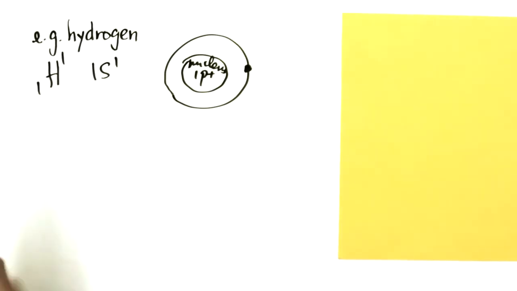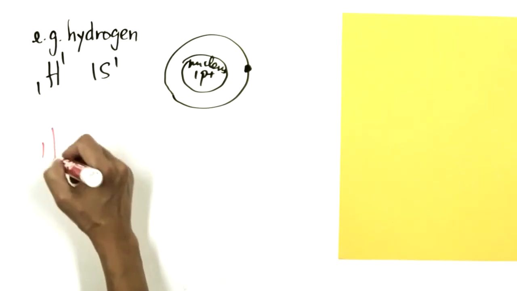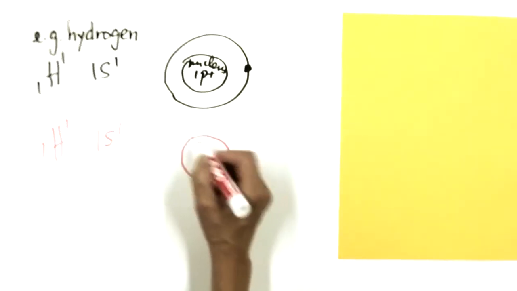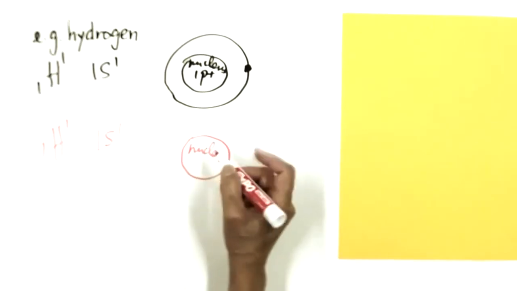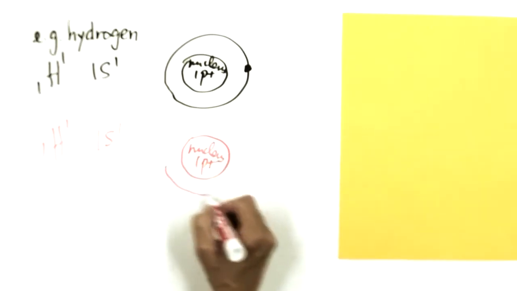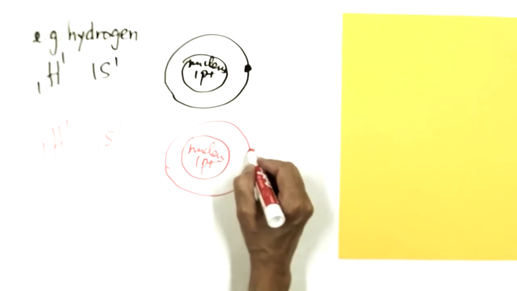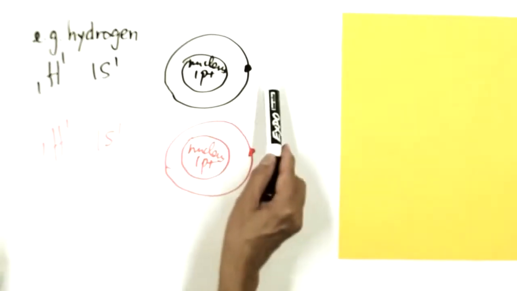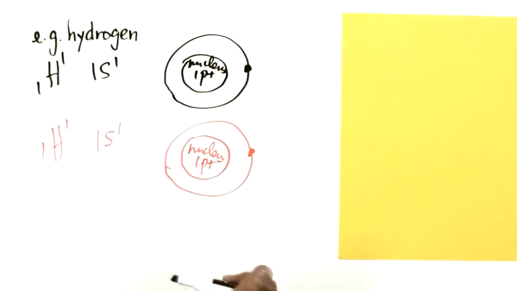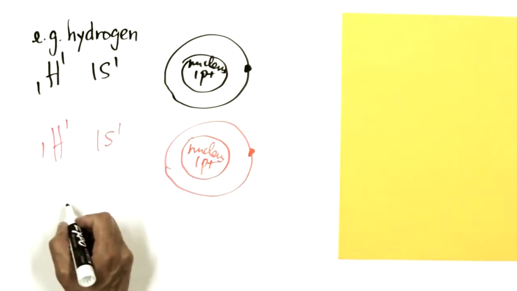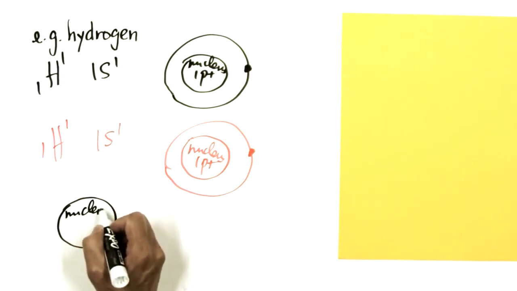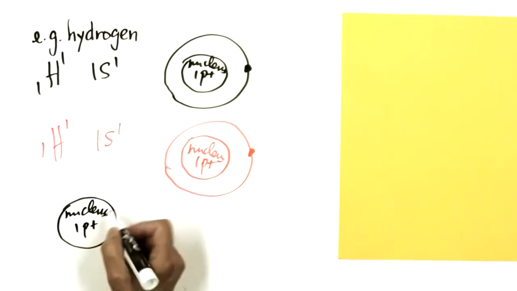So what will happen is this hydrogen can combine with another hydrogen atom so that at the end both atoms will have 2 electrons in their outermost shell. So if we were to redraw these two, you have your 1 hydrogen here with its nucleus and 1 proton.